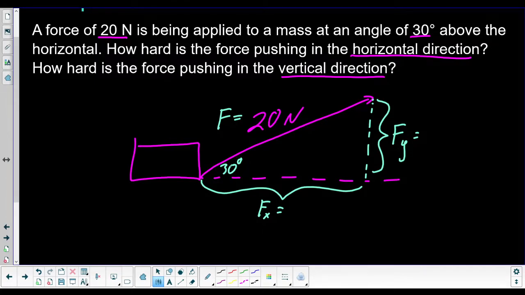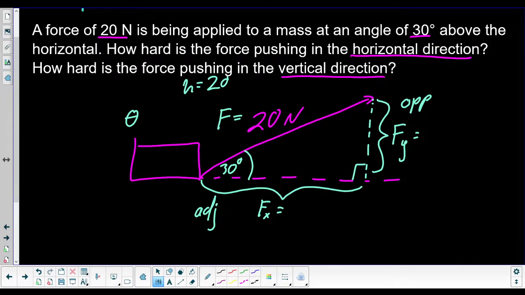So let's go ahead and find the x piece first. We know the angle, we know theta, we know the hypotenuse, right? H equals 20. What we're looking for are, compared to the angle, the opposite side and the adjacent side of this newly made force triangle. So if we're looking for the x, this is the adjacent side.